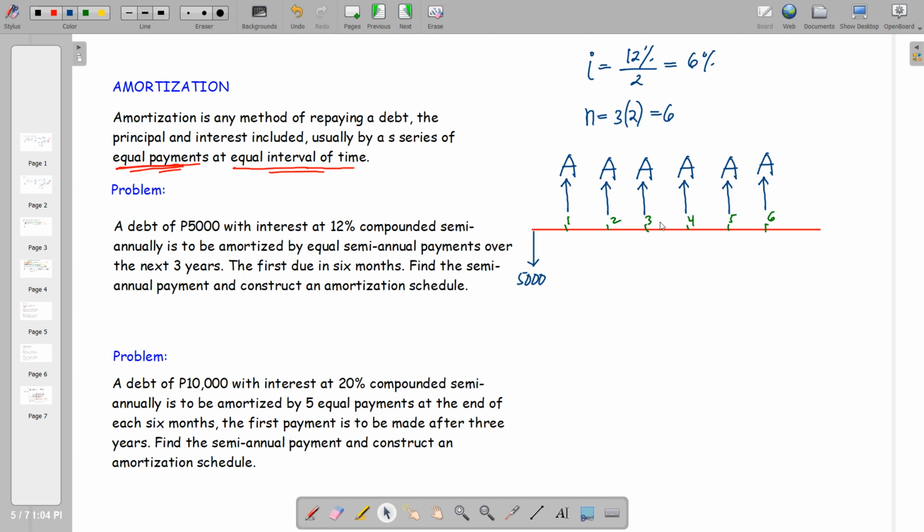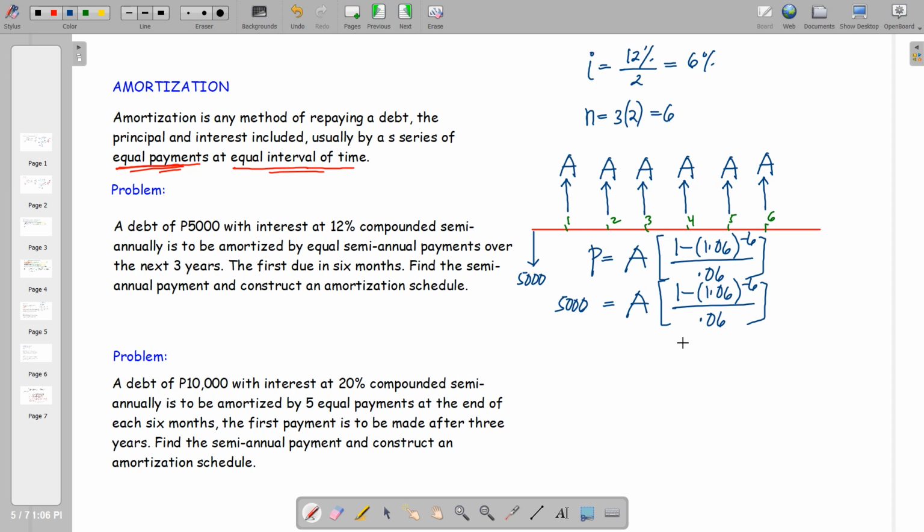So basically, ang gagawin lang dito is to apply the formula, bring this to the present, and equate it to 5,000. So the present worth is equal to A times 1 minus 1.06 raised to negative 6 all over 0.06. Hence, we just replace that by 5,000. So ito, 4.92.